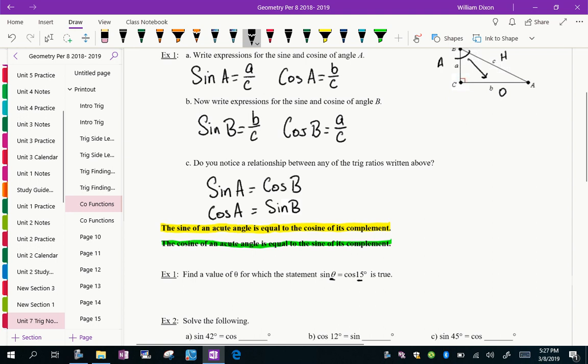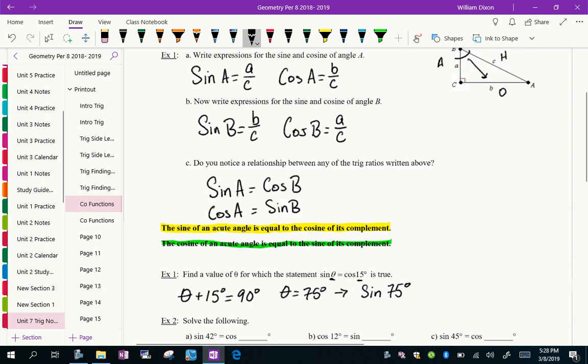So theta plus 15 degrees will add up to 90 degrees. So theta, which is the complement of 15, equals 75 degrees.